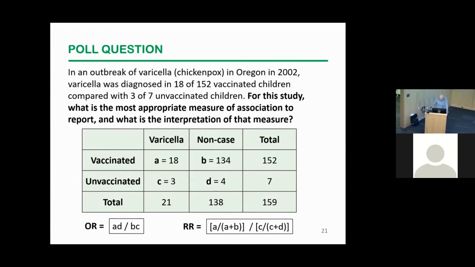Think about the design. So we have cross-sectional studies versus cohort studies versus case controls. Think about those 3 observational designs. Think about what metric we would use, odds ratio versus relative risk, and think about how we'd interpret that.